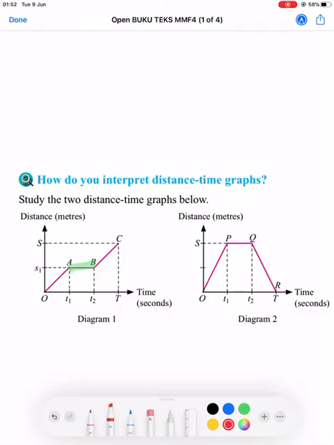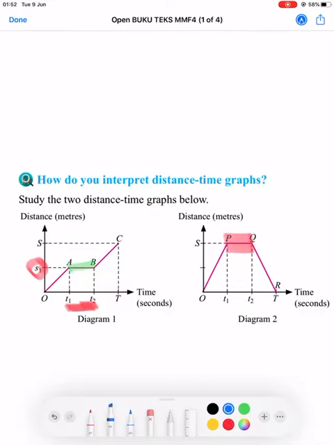Can you see that the distance stays at S1 from time T1 to time T2? Within this period the distance is the same, so zero gradient means no change in distance, which means the motion stops.